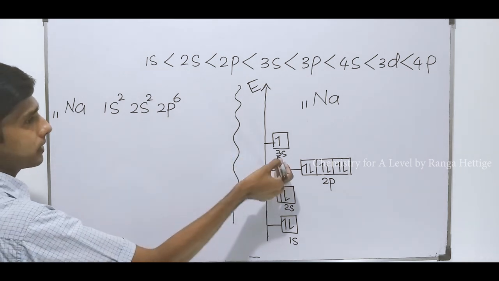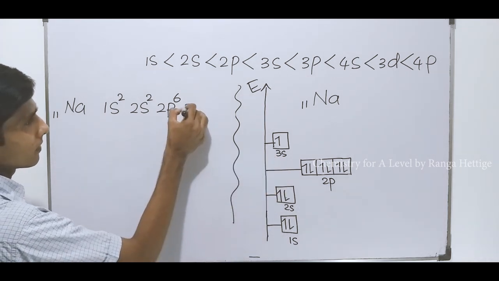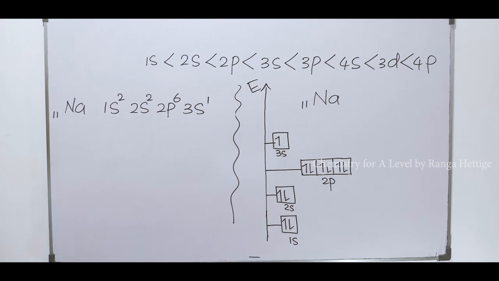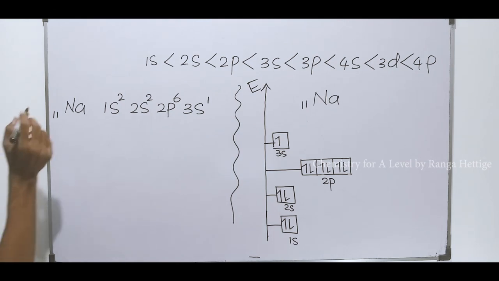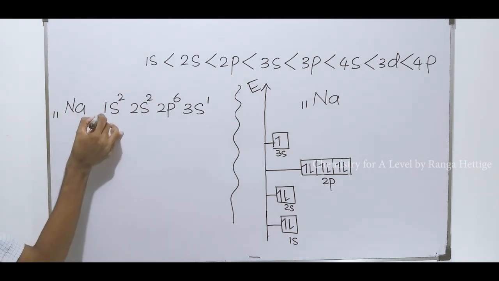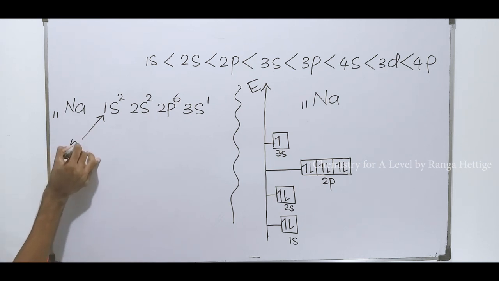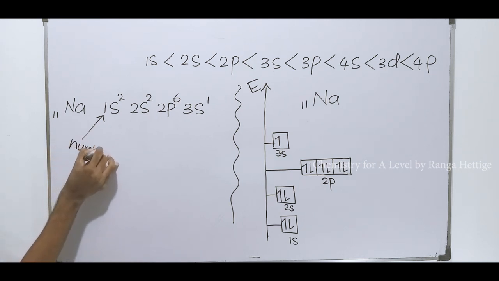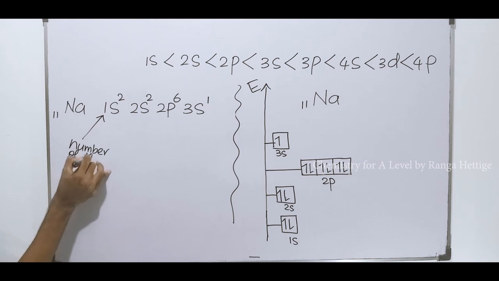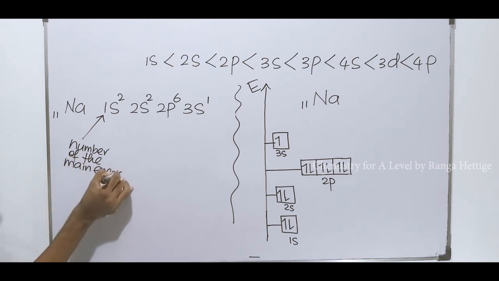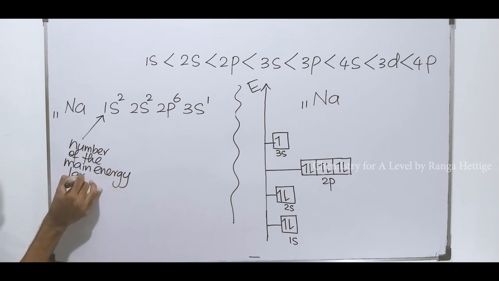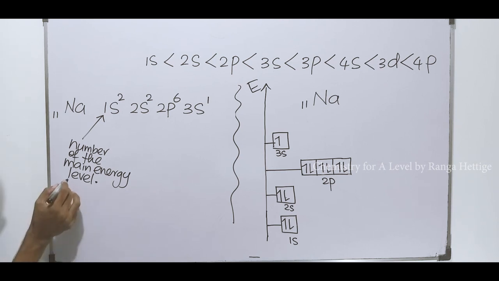Third main energy level, s sublevel, 1 electron. Now this number represents the number of the main energy level. In other words, we call it the principal quantum number.